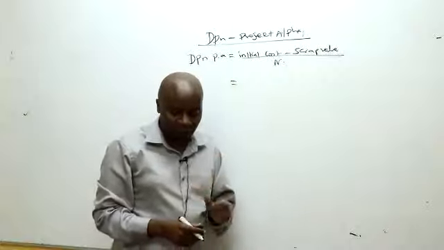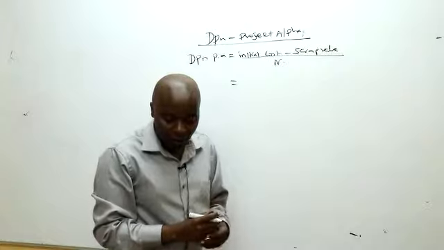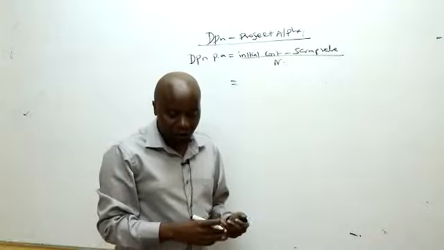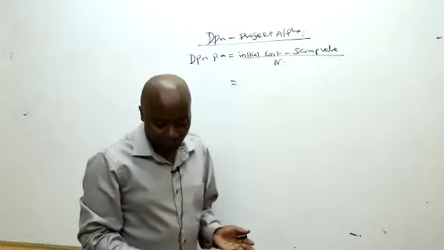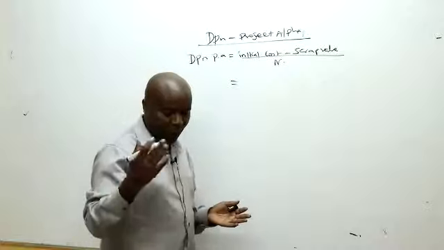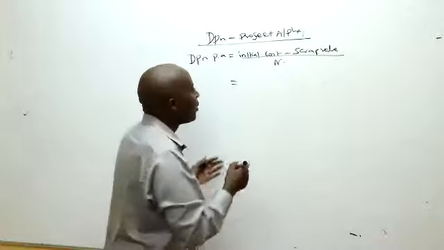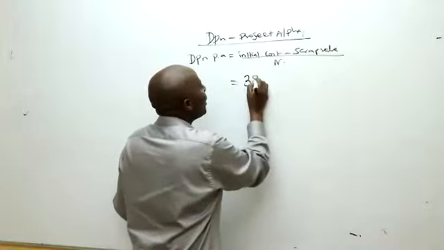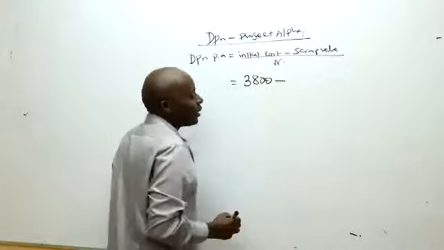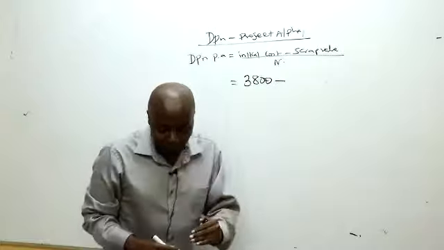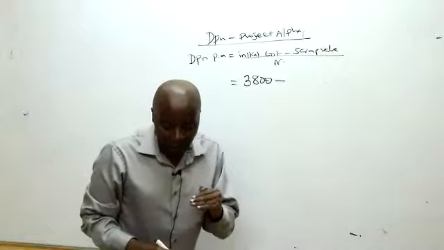So please come and give us the initial cost of Project Alpha. They have told us in note number 1, Project Alpha costs 3.8. So let's use shillings thousands just to be consistent with what is given up there. In shillings thousands, this will be 3,800 minus the scrap value as per note number 3.